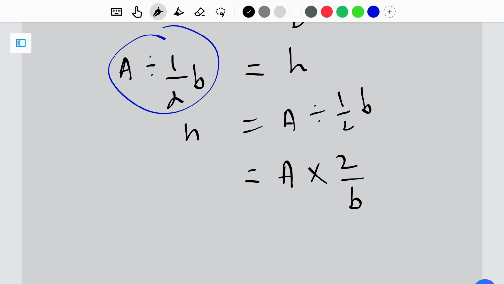Remember, the b belongs to the denominator, so I flipped the fraction. I took the b down and I brought the 2 up. So height equals area multiplied by 2 over b, which gives me 2A over b. And that's your solution. I hope we all followed that.